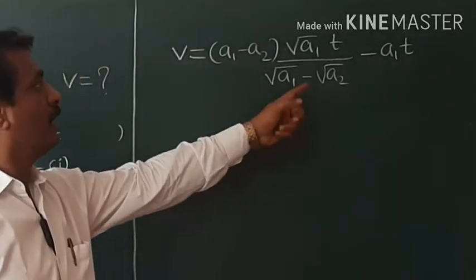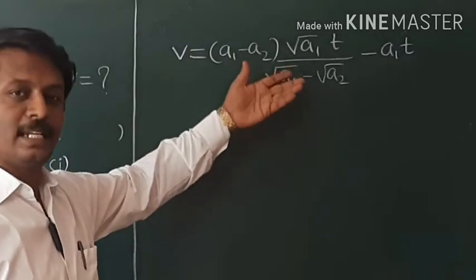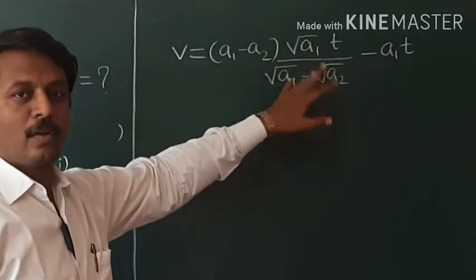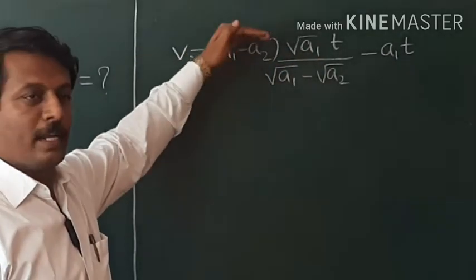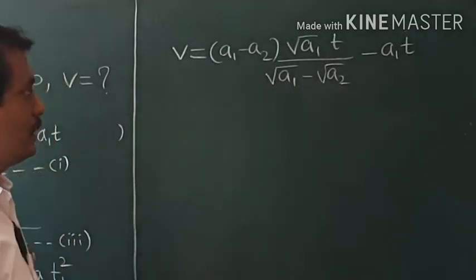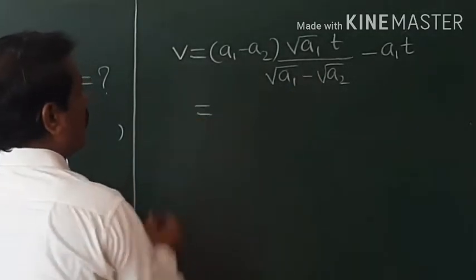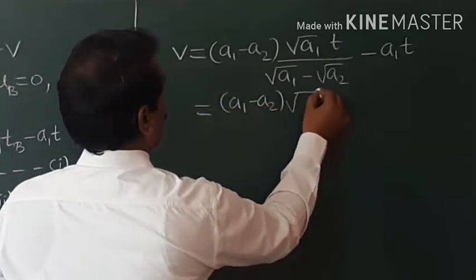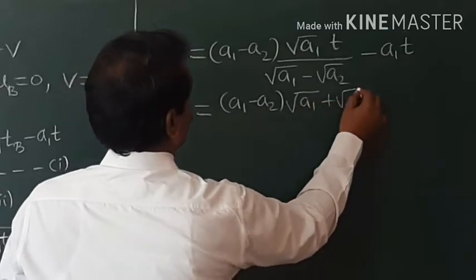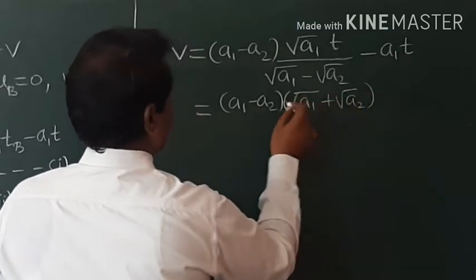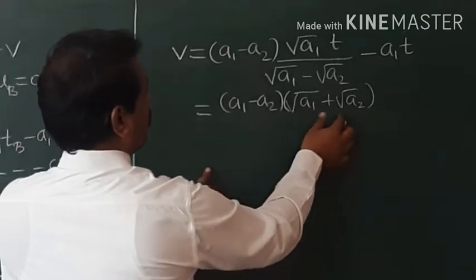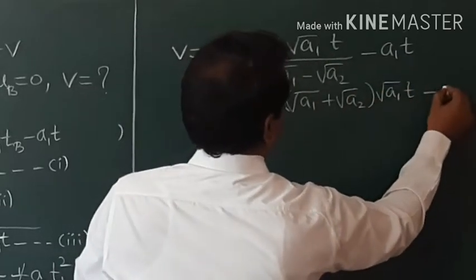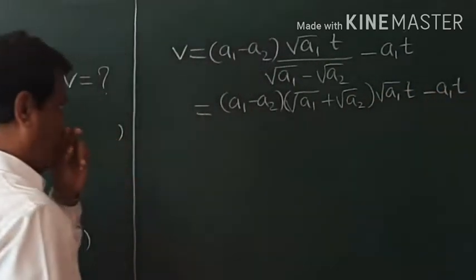So now in the denominator there is an irrational number, so I will do rationalization. What is the rationalizing factor of this? Root a1 plus root a2. So I will multiply both numerator and denominator by root a1 plus root a2. Then you will get (a1 minus a2) into (root a1 plus root a2), I multiply the numerator by this, then square root of a1 t, then minus a1 t.